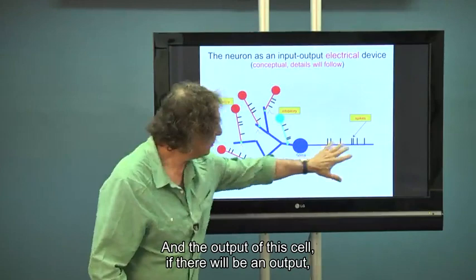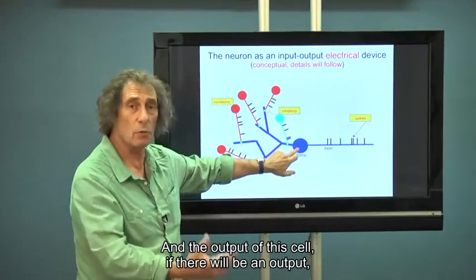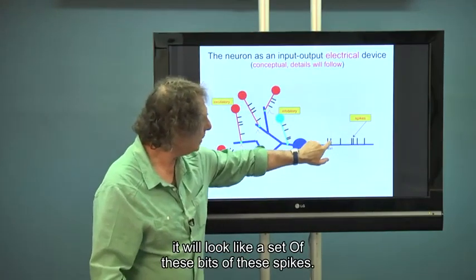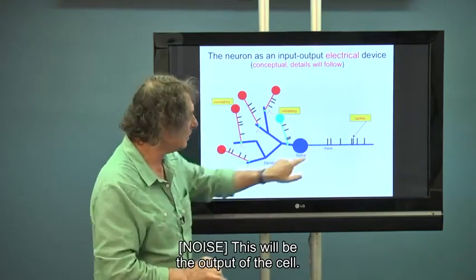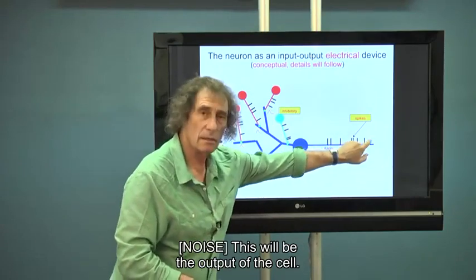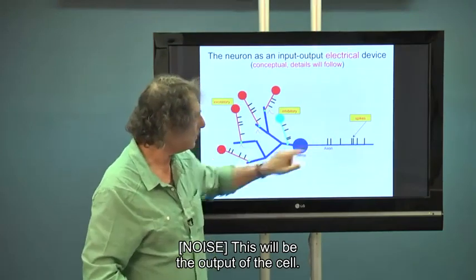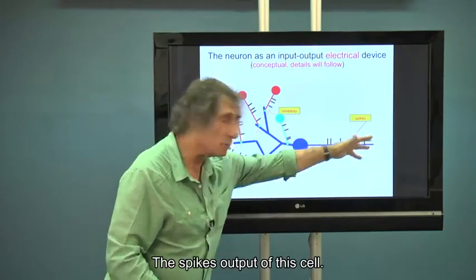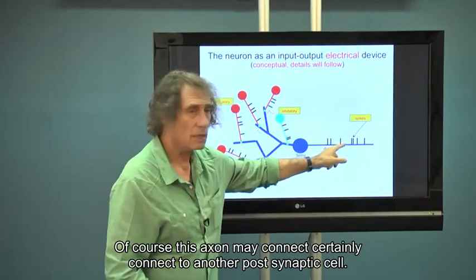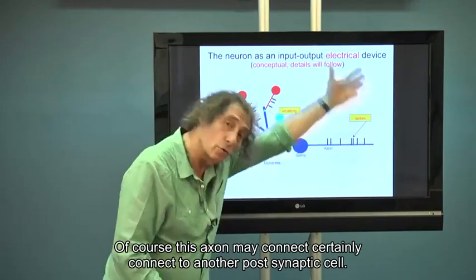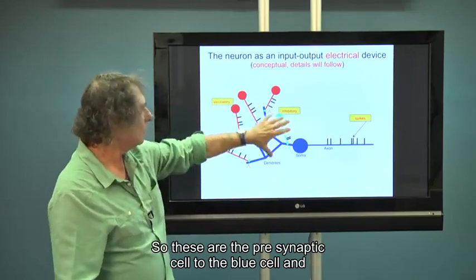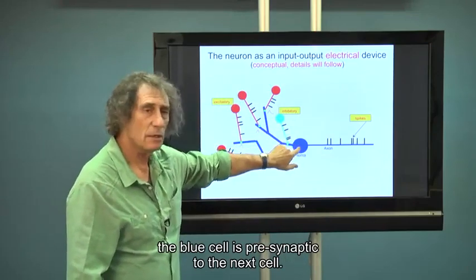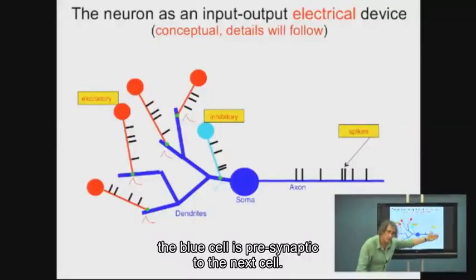And the output of this cell, if there will be an output, will look like a set of these bits, of these spikes. Tuck, tuck, tuck, tuck, tuck, tuck, tuck. This will be the output of the cell, the spike output of the cell. Of course, this axon may connect, certainly connect, to another postsynaptic cell. So these are the presynaptic cells to the blue cell, and the blue cell is presynaptic to the next cell.